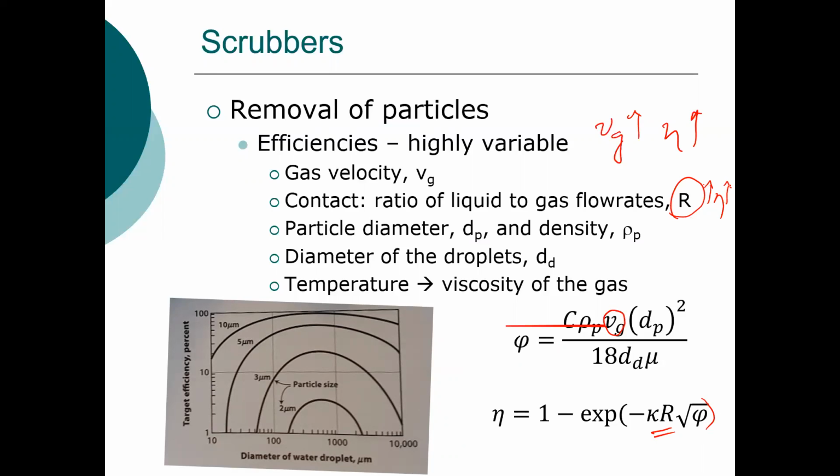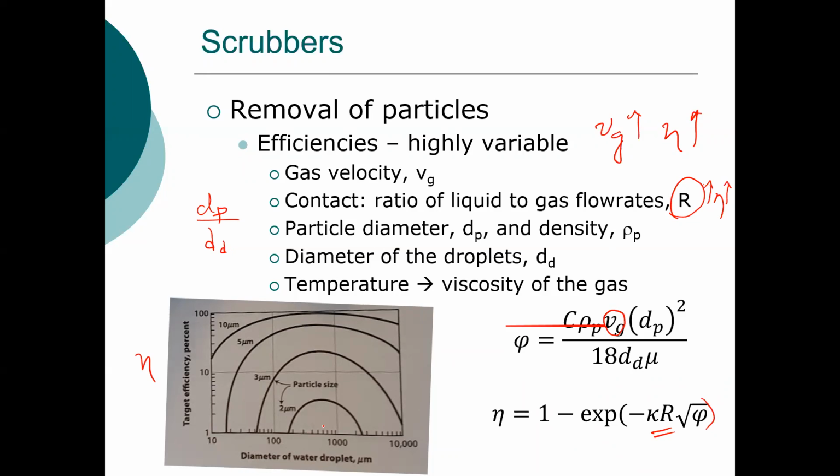Now, there's an optimal ratio between the diameter of the particle and the diameter of the liquid droplet. And you can see it in this figure here. We have plotted the target efficiency versus the diameter of the water droplet.